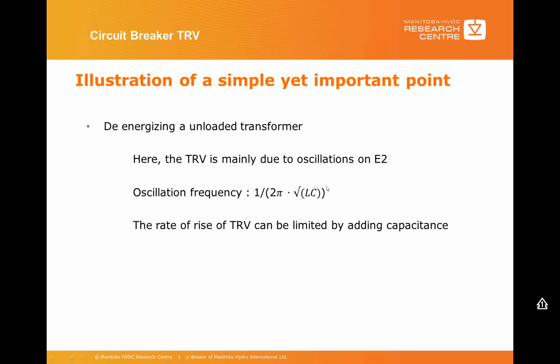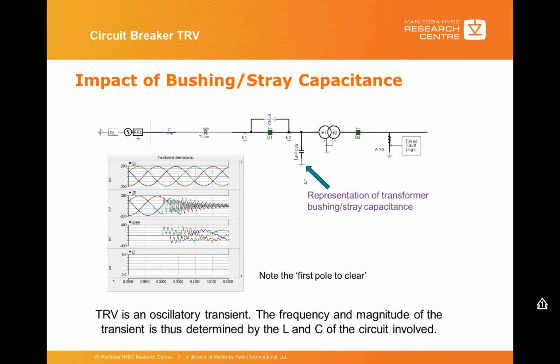We learn that by playing with the capacitances, in simple words, adding a capacitance here, you can take control over the oscillation frequency, basically again the initial TRV, or in other words, RRRV.